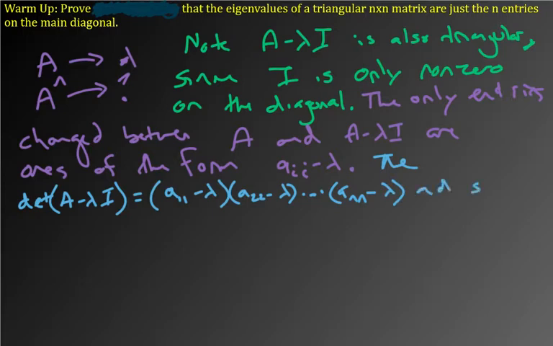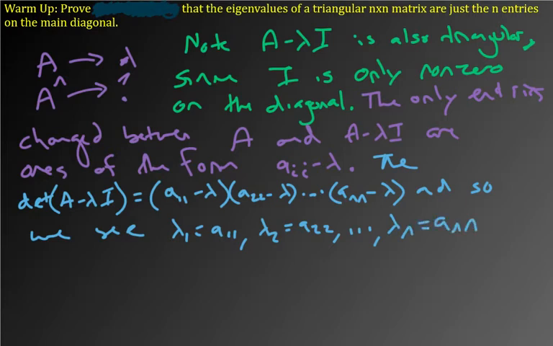And so we see lambda 1 equals A11, lambda 2 equals A22, lambda n equals Ann. And we know that since we set the determinant equal to 0 to find the eigenvalues. And that's basically it. So it's a more formal version of how we would break down why the diagonal is really the eigenvalues for a triangular matrix.